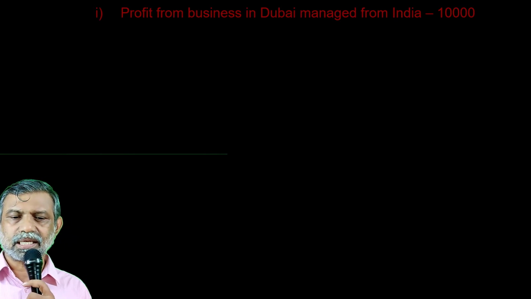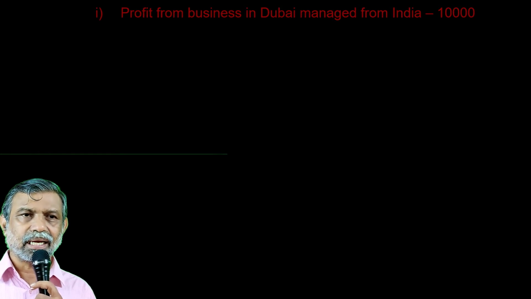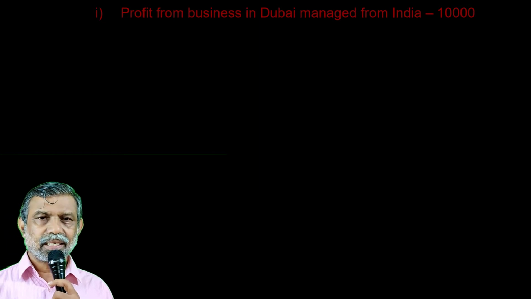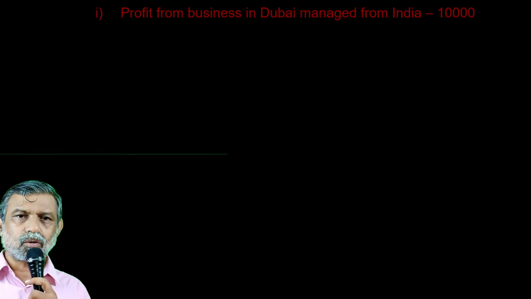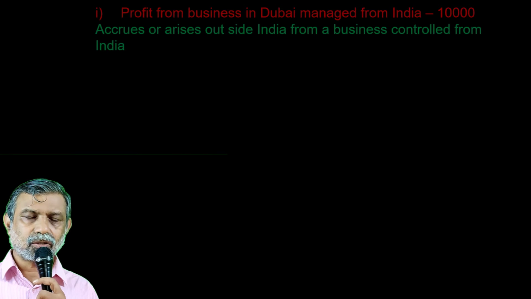Profits from business in Dubai. The business is in Dubai, yes, but managed from India. The management is done in India. Which category does this come in? We had six categories: income received in India, income accrues or arises in India, income deemed to be received in India, income deemed to accrue or arise in India, income accrues or arises outside India from a business controlled from India, and income accrues or arises outside India.